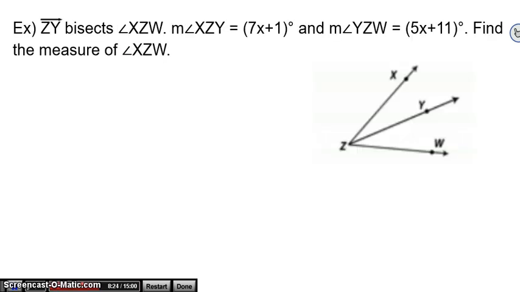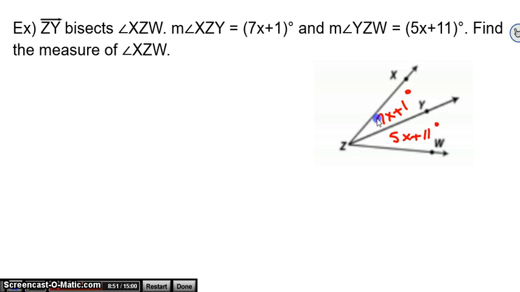In this diagram, ZY bisects angle XZW. What we know here is that the measure of XZY is 7x plus 1 degrees, and angle YZW is 5x plus 11 degrees.